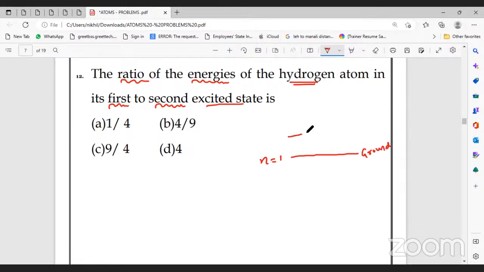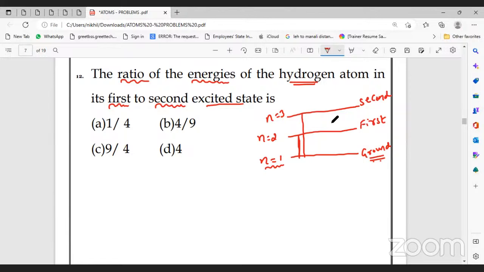If I consider the energy in the second orbit, this is called the first excited state. n equals 3 is the second excited state.